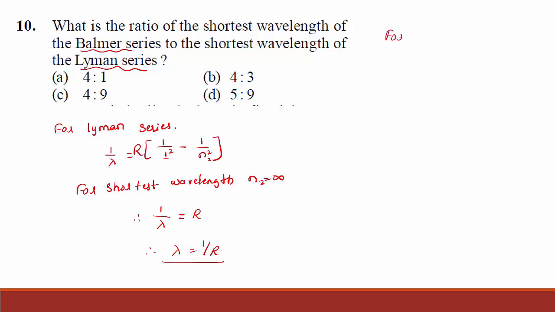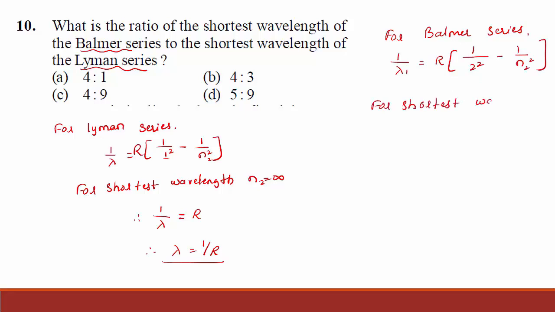Similarly, for Balmer series, let us take lambda 1: 1 by lambda 1 equal to R into 1 divided by n1 square minus 1 by n2 square, where n1 equal to 2. Here also for shortest wavelength, n2 equal to infinity.